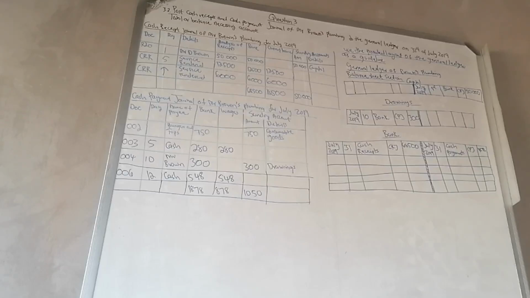What else must be recorded under the bank? What else should be recorded under the bank? Sundry account. Why?